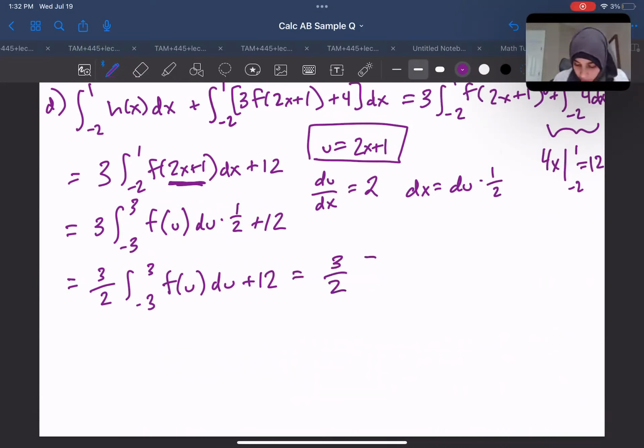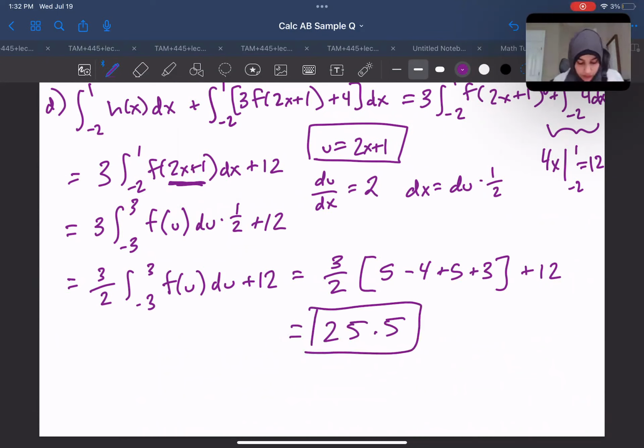So we have 1/2 of, we had a positive area of 5, negative area of 4, positive area of 5 again, and a positive area of 3. And if I evaluate all of that, I get 25.5.